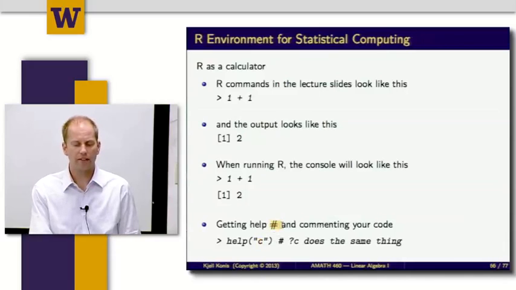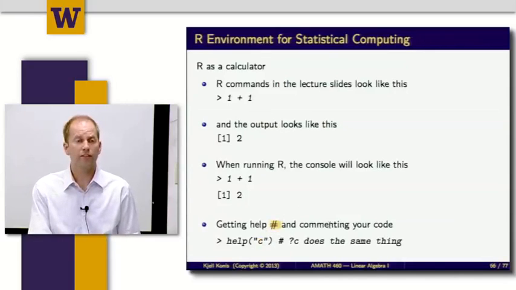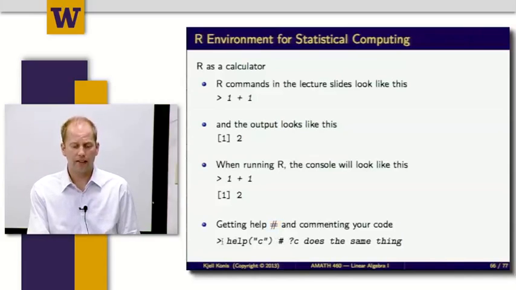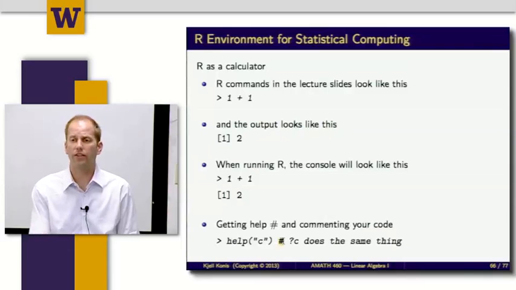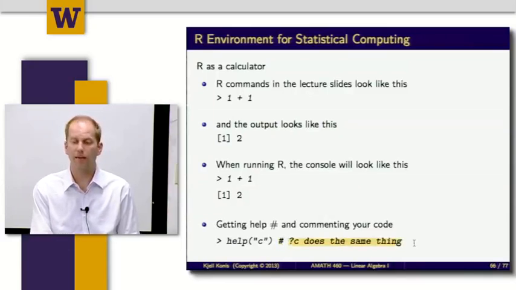Then there's also this gate sign or pound symbol or number symbol. I guess it's got a lot of names. This is what you use in R to comment your code. This is one line that I could type into the R command prompt, but R is going to see this symbol and just ignore everything that comes after it. So I can leave myself messages.